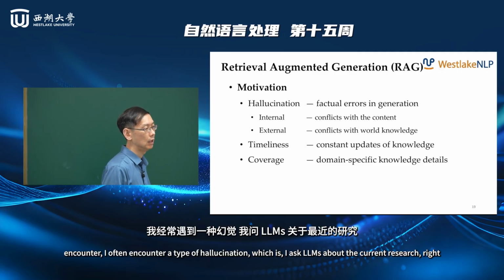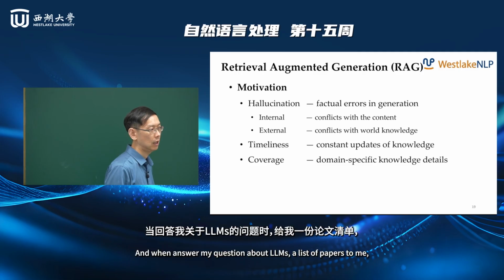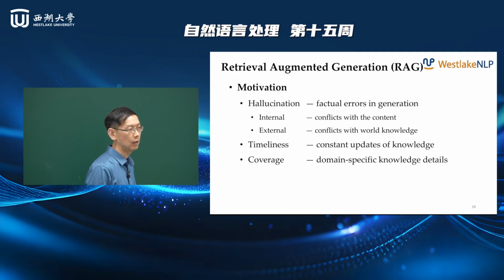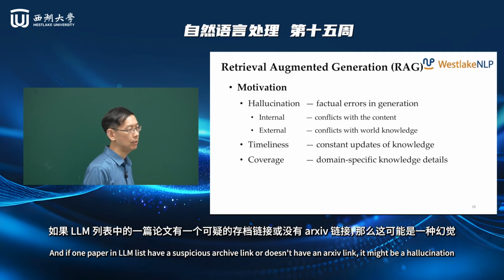I often encounter a type of hallucination when I ask an LLM about current research. Are there papers talking about hallucination from LLMs? When answering my question, the LLM will list a list of papers to me, and many of them have arXiv links. If a paper the LLM lists has a suspicious arXiv link or doesn't have one, it might be a hallucination.